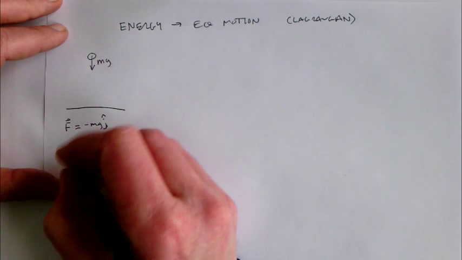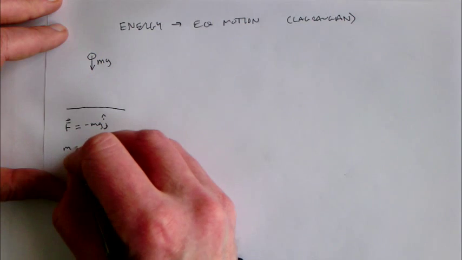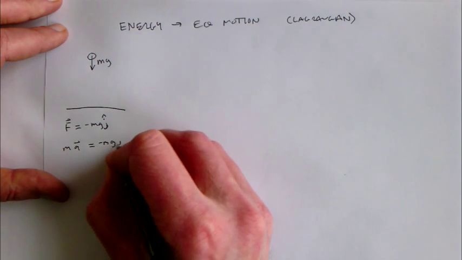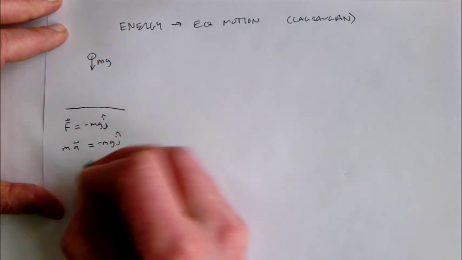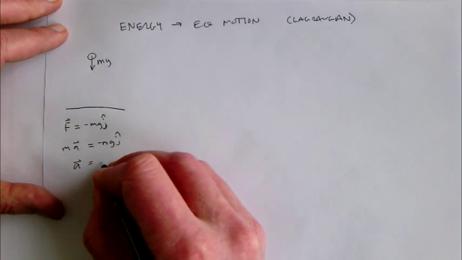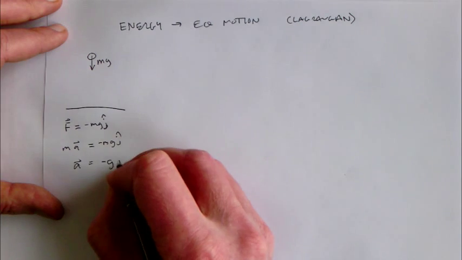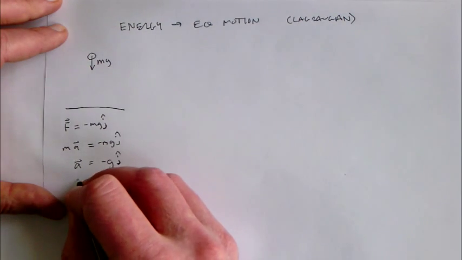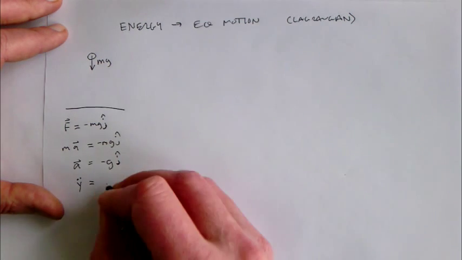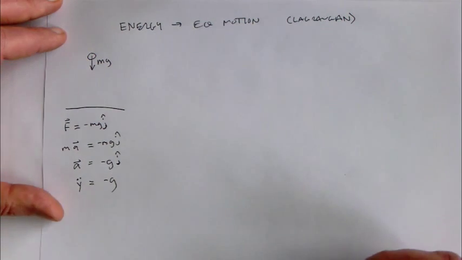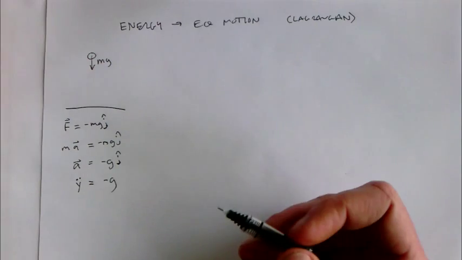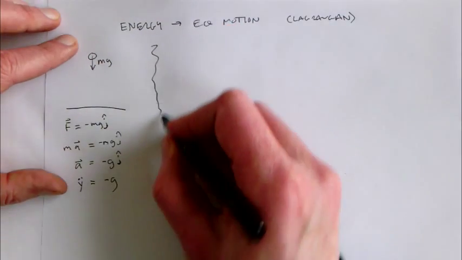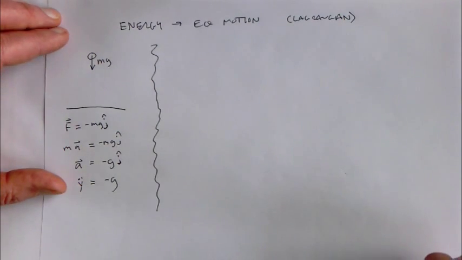That means that the mass times the acceleration is minus mg j hat, or dividing by the mass, my acceleration is minus g in the j hat direction. Or if I just think about this in terms of x and y, my equation of motion is y double dot equals minus g. So it's not a very interesting problem. It's one that you know the answer to. But I want to use that problem to illustrate how the Lagrangian approach works.